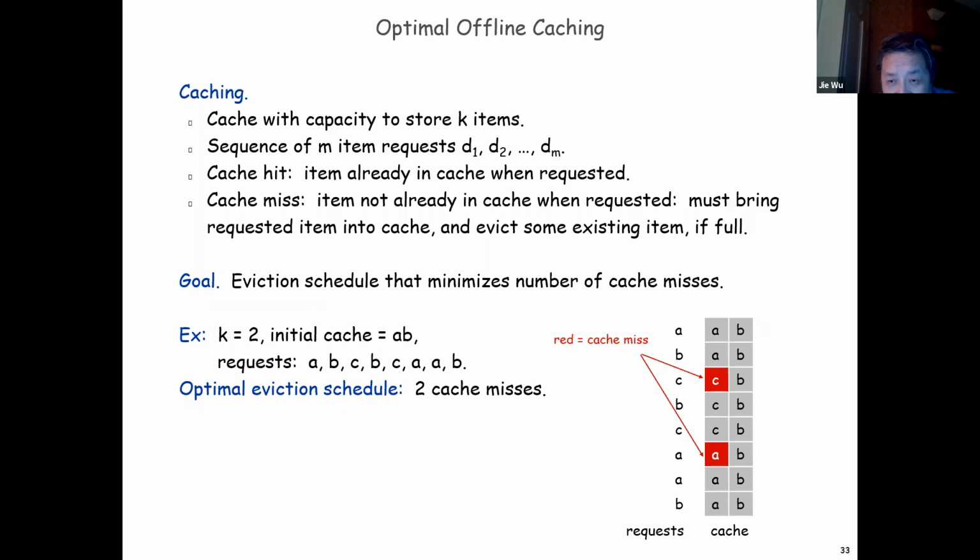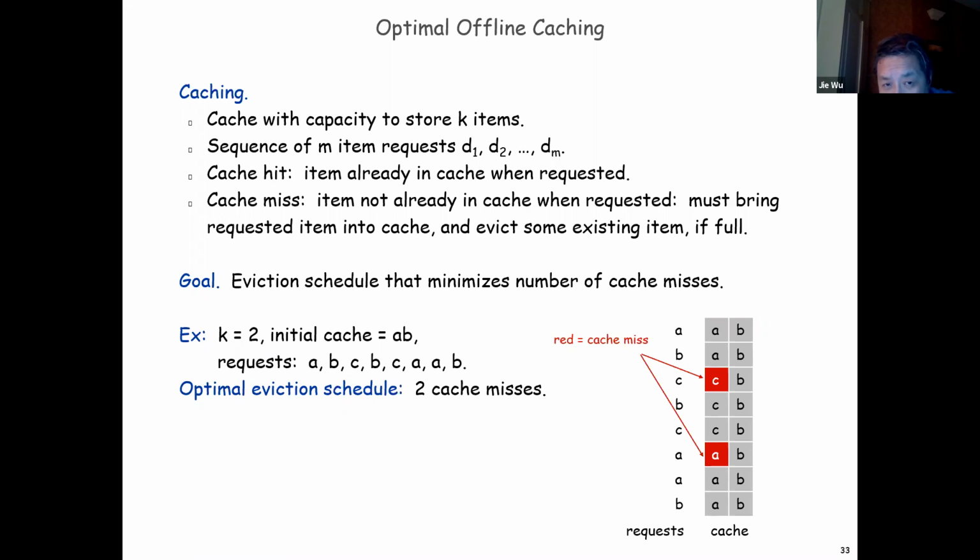Let's just look at one example. Suppose you have a cache of 2 units, and you have a request sequence A, B, C, B, C, A, B. So what's the eviction schedule? The best one is the one marked in red.